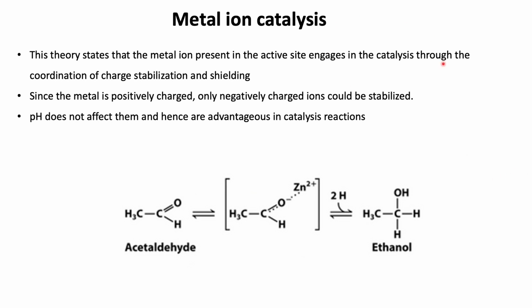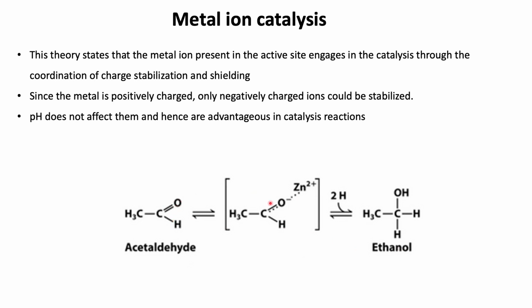In this case, like we just saw, the metal ion participates in oxidation reduction reactions, which involve the movement of electrons. The metal ions may interact directly with the substrate, or they may just stabilize the charge of the transition state, like in this example here. Here the zinc metal ion neutralizes the negative charge of the carbanion in the transition state, and it waits for two hydrogen atoms to be received from the water molecule to form a product, which is ethanol in this case.